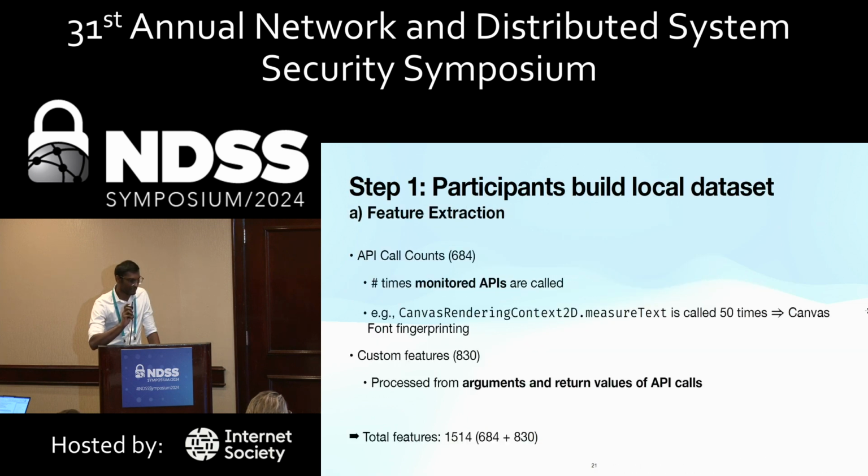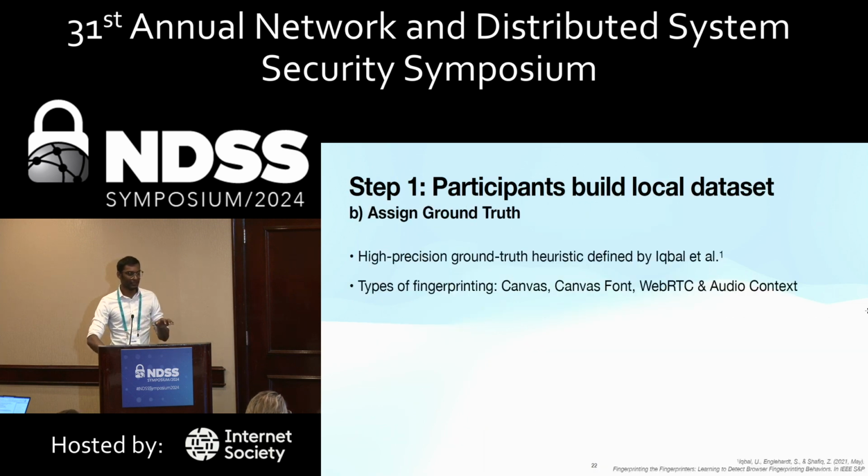These 4 types of fingerprinting, there's been established prior work on how to identify them very precisely in practice, and we use that to then label the scripts as well. So basically, in this work, you just tried to make it more privacy-preserving, so to say, right? Yeah.